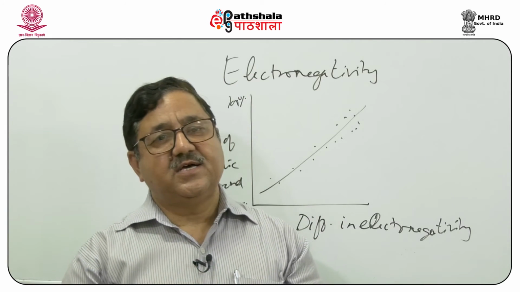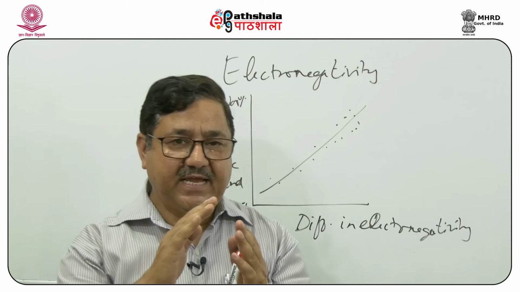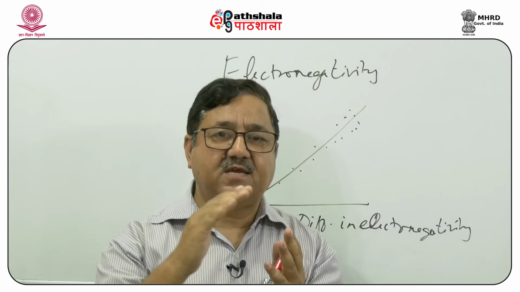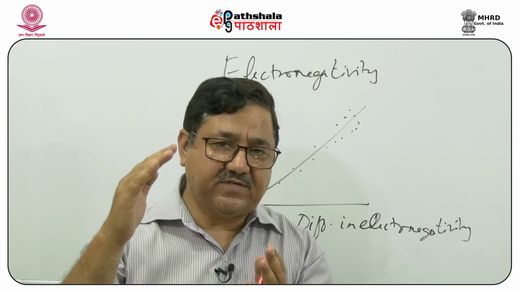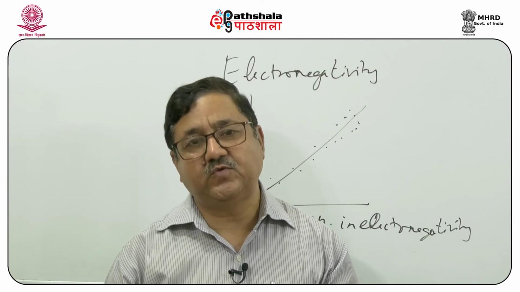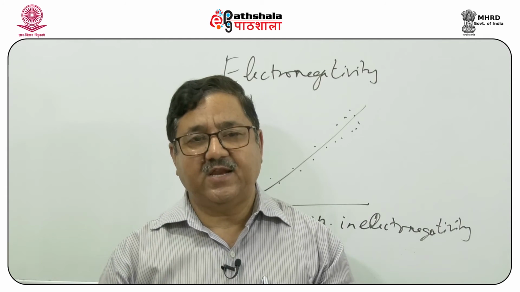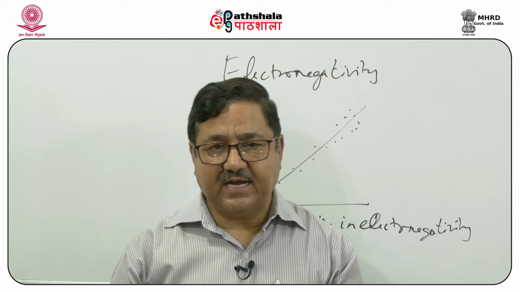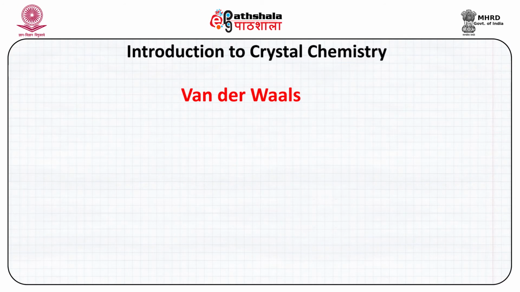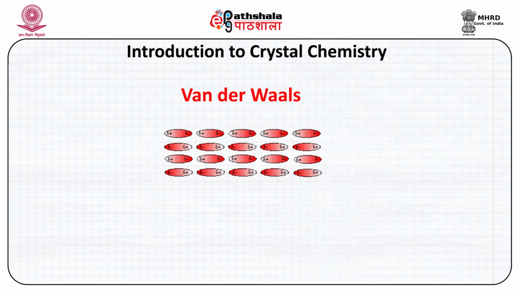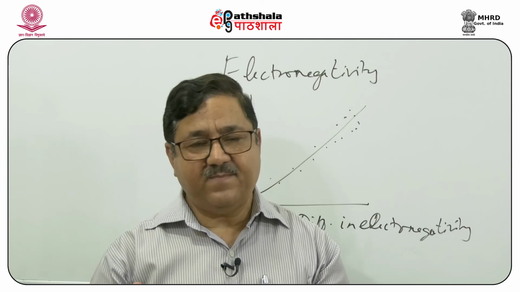Now if such a situation is there, then the positive charge on one side will attract a negative charge on other side. This leads to certain weak category of bonds. One of the weak category of such bond is known as van der Waals bond, which is on account of a polarity developed within a mineral.